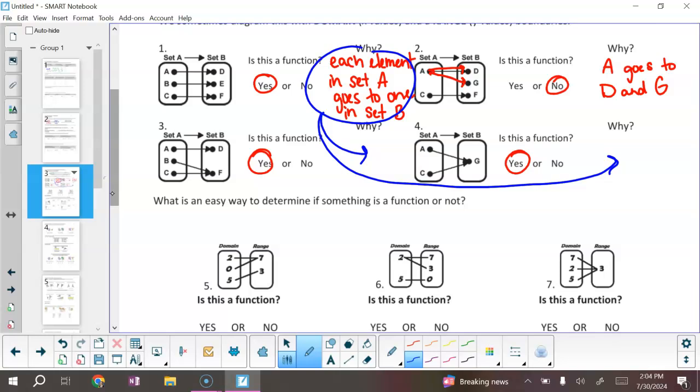So something that I noticed, and I was saying this a lot, was those arrows that I was talking about.